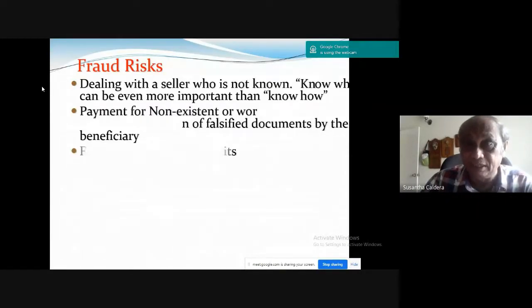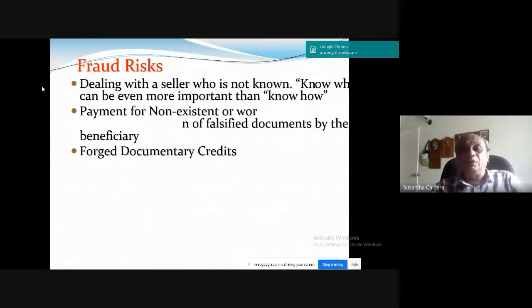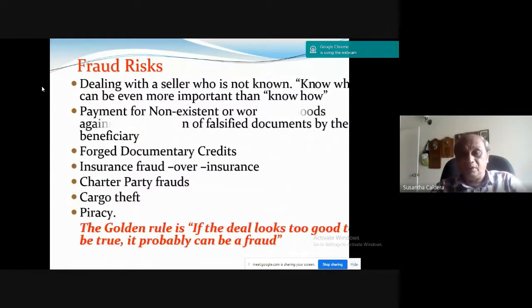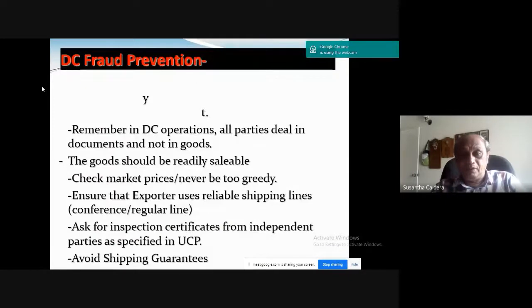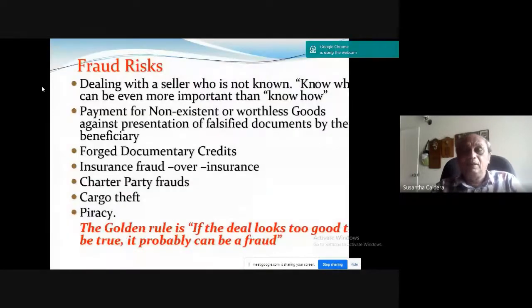Fraud risk. Dealing with a seller who is not known. Very important. Know who can be even more important than know how.